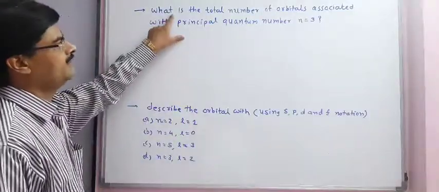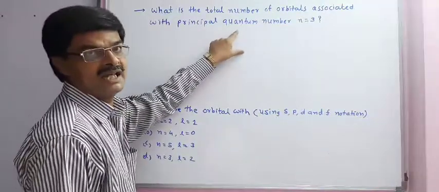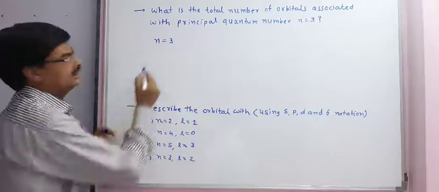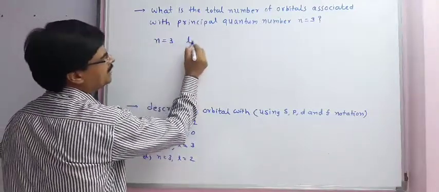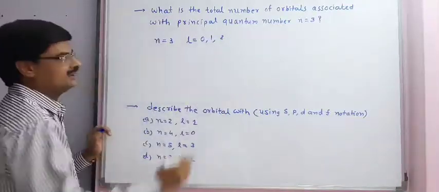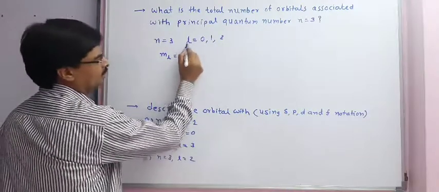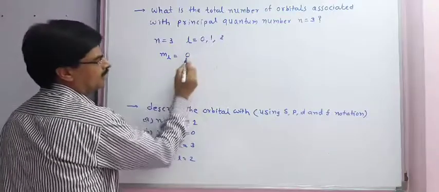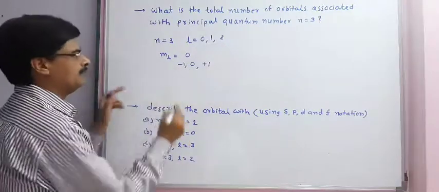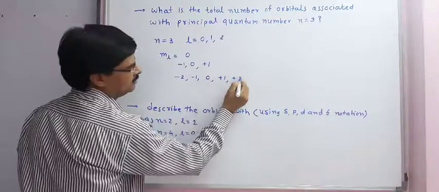Given question: what is the total number of orbitals associated with principal quantum number n equal to 3? For principal quantum number n equal to 3, the azimuthal quantum number L values are 0, 1 and 2. Therefore, the magnetic quantum number ml values are, for L equal to 0, 0; for 1, minus 1, 0 and plus 1; and for 2, minus 2, minus 1, 0, plus 1 and plus 2.